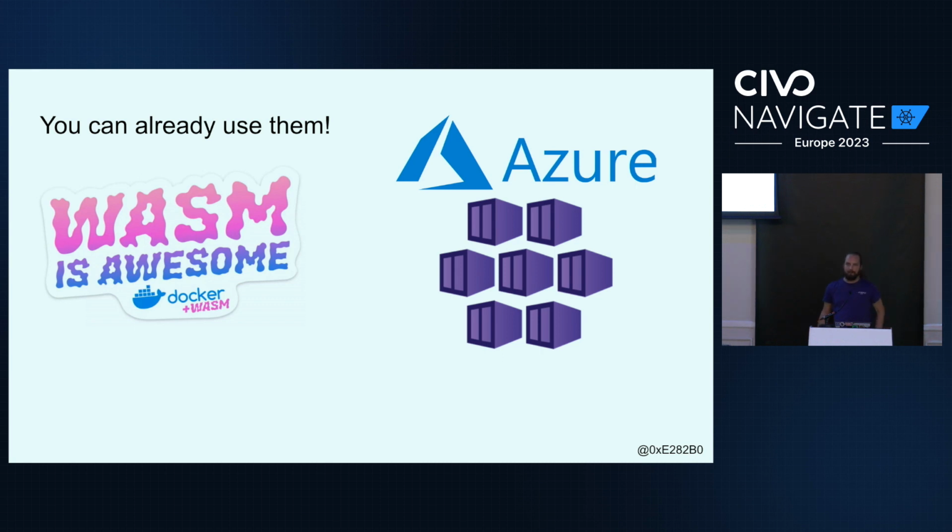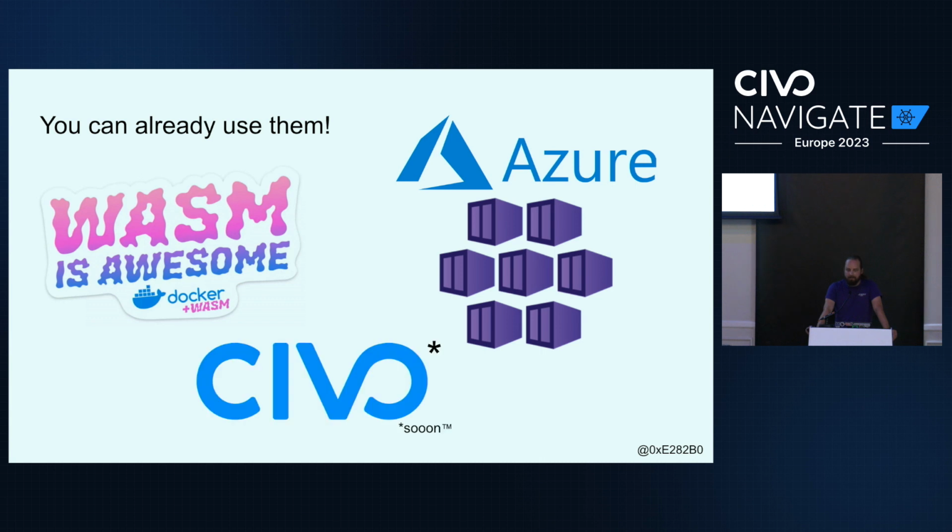With the latest version of Docker Desktop, you can go to your settings and activate WebAssembly. It downloads the so-called container edition. And Azure AKS has a WASI node pool preview. With that, you can already run WebAssembly containers on your AKS cluster. And soon you can do the same on Civo K3s.